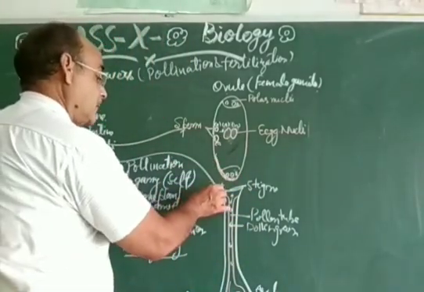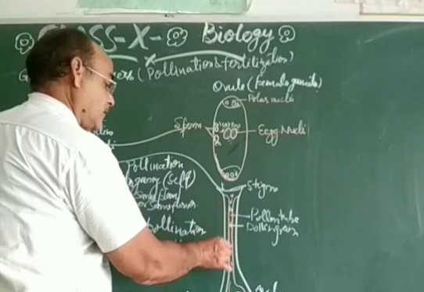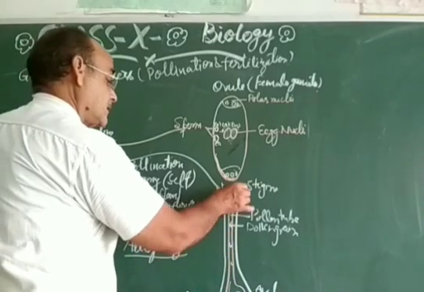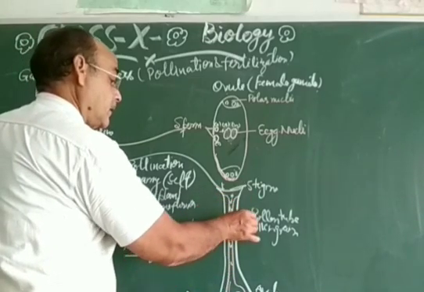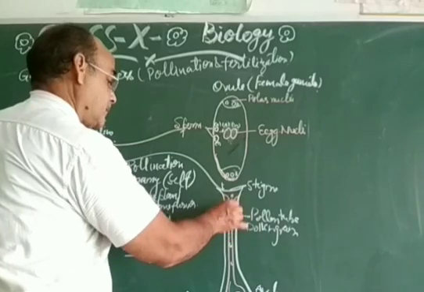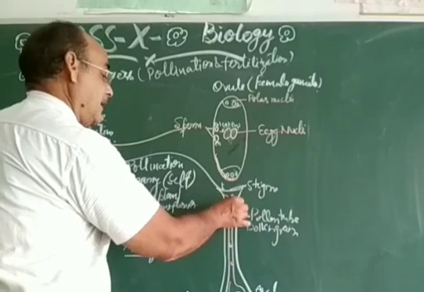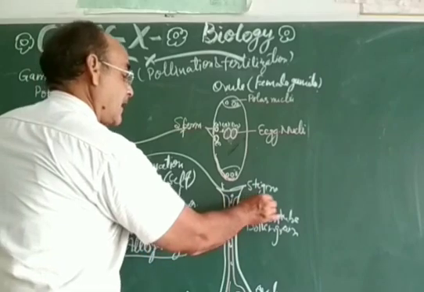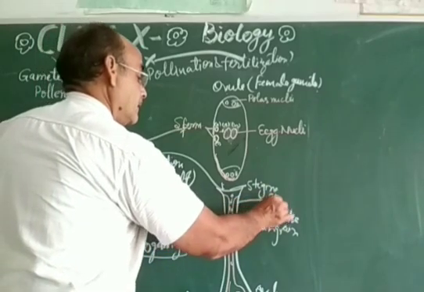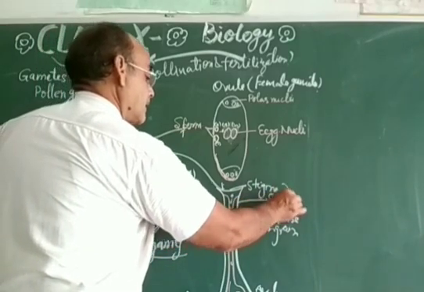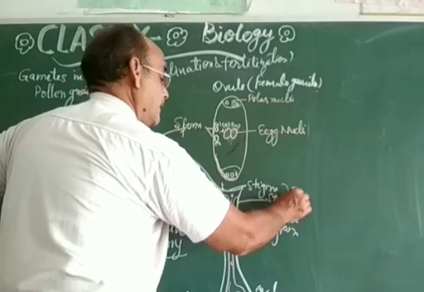And in the female gynoecium, this is the pollen tube that is present inside the style. This is the style, and combining it is called the pistil.